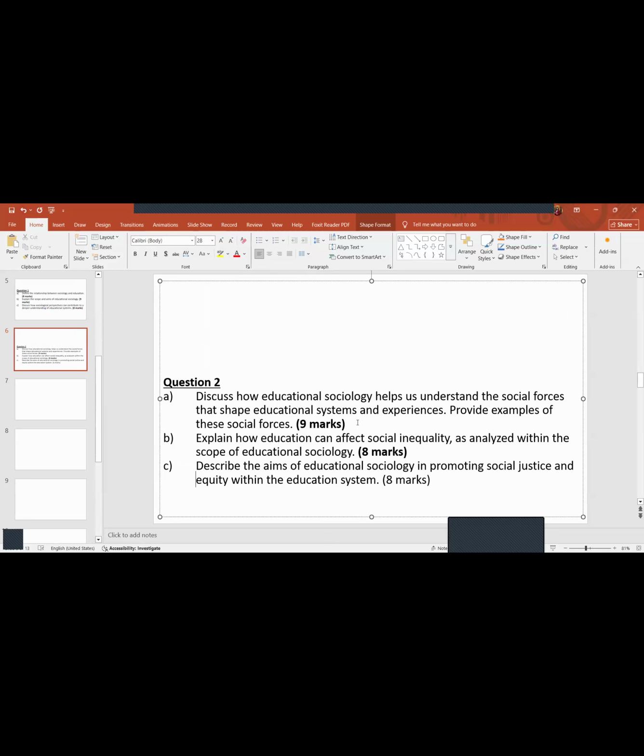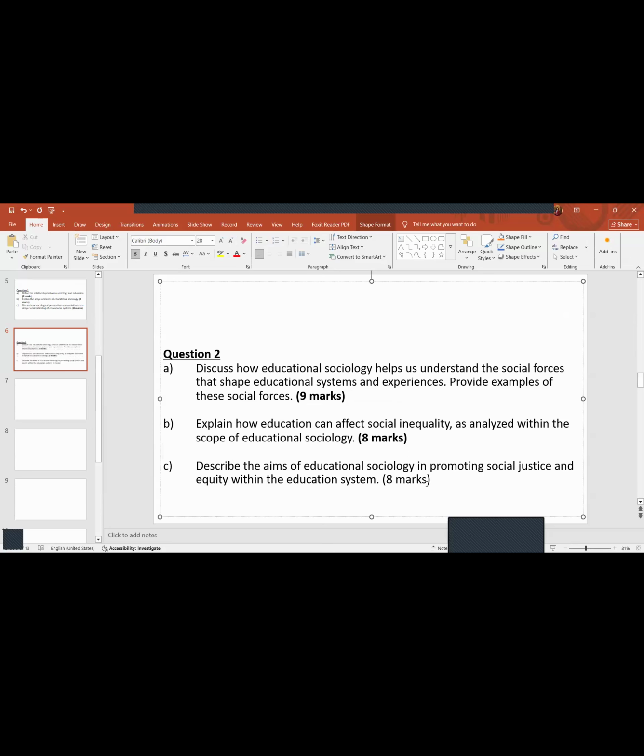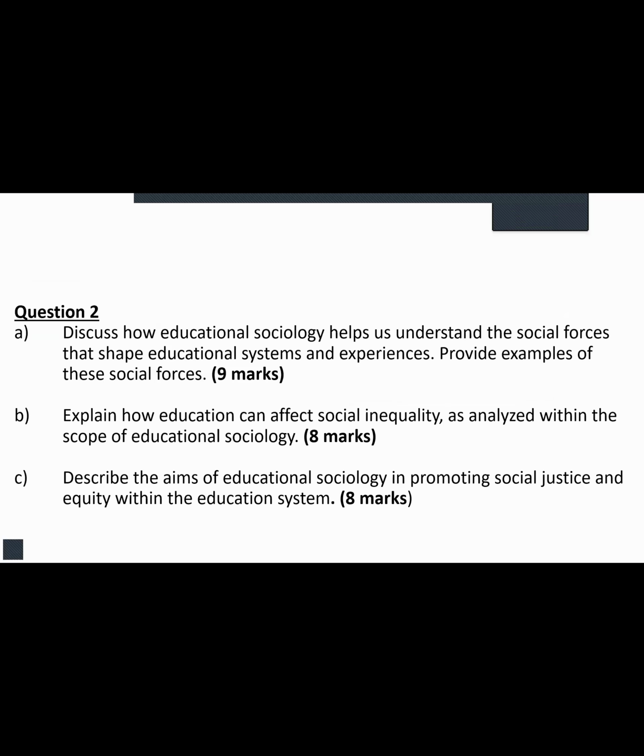And there are sub-questions, and each question carries a particular number of marks. Here, the first part is 9 marks, the second and third parts are 10 marks. Just get an idea about the question.